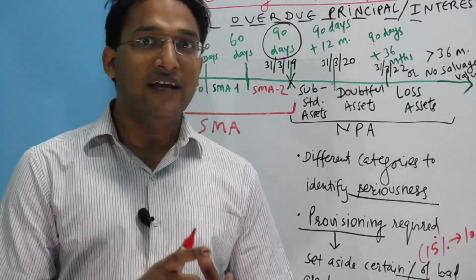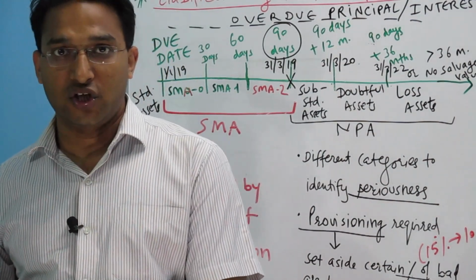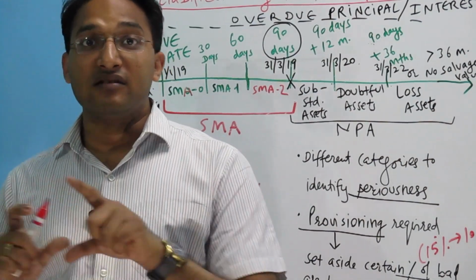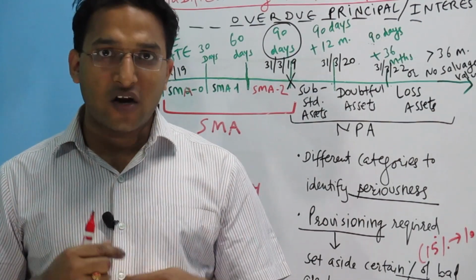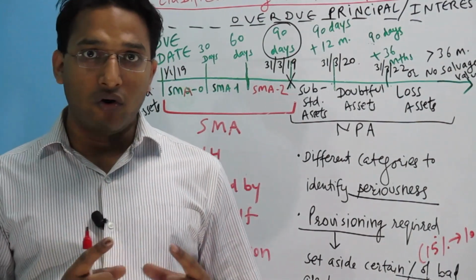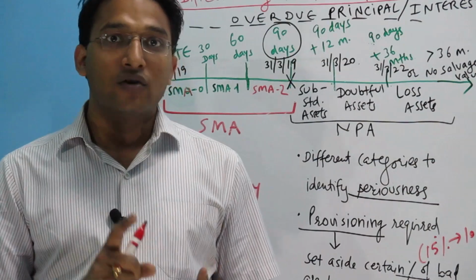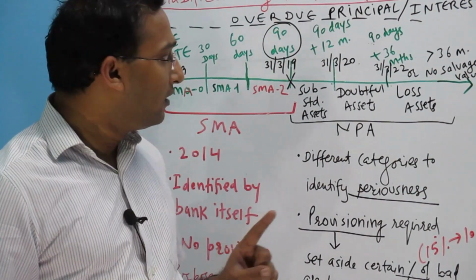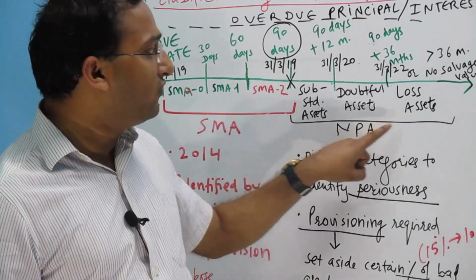We are not allowing that profit to be distributed to the shareholders. We are keeping that profit as a reserve. And how to determine how much amount will be kept as a reserve or as the provision? So that amount is determined based upon the category of the NPA.